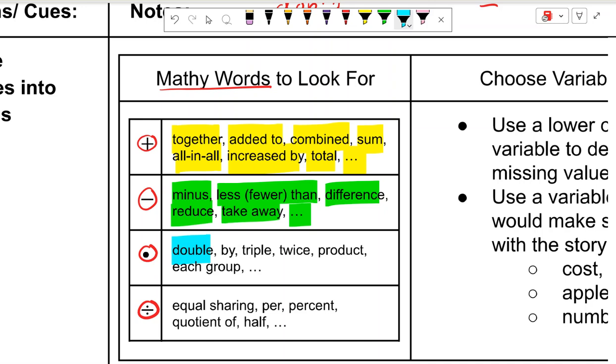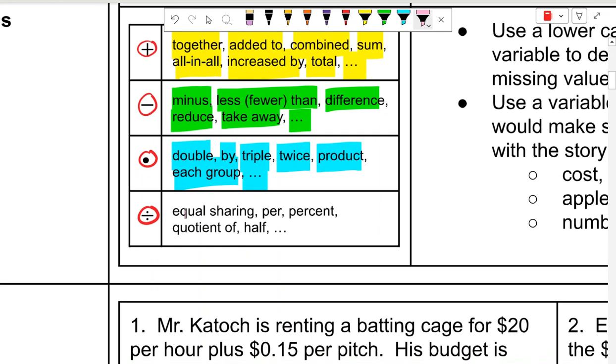For multiplication, we have double, the word by, triple, the word twice, product, each group, and more, which you know means there are so many more words. And the final one, which is division: equal sharing, per, percent, quotient of, half, and again, there are so many more words. So just pay attention as you're reading and pick up on those words.